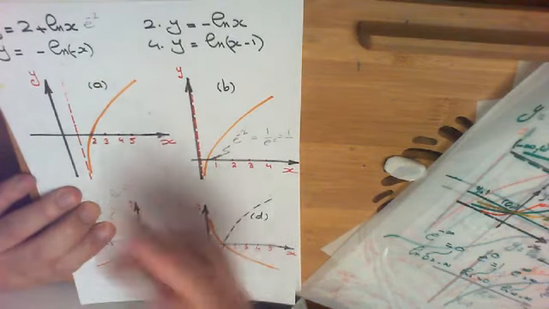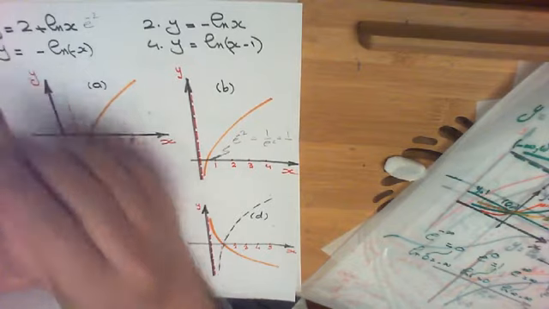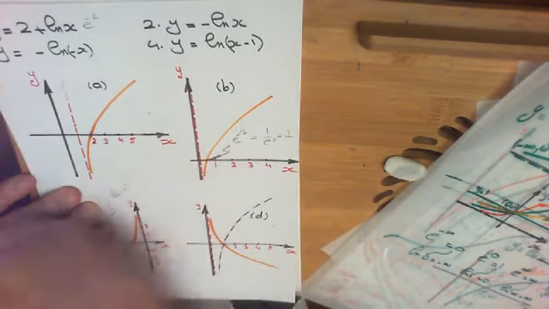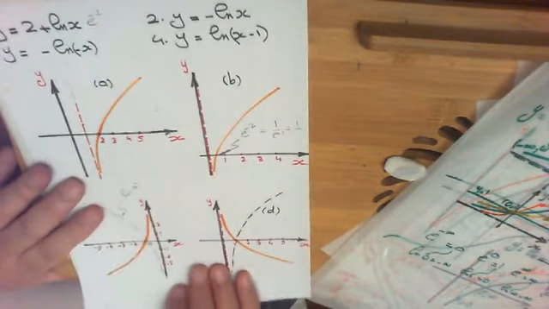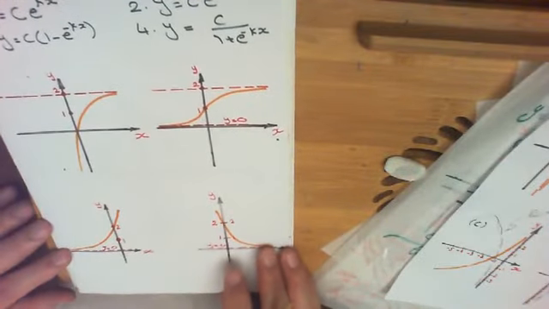And normally when x is 0, ln 0 is minus infinity, so still the y-axis is a vertical asymptote. Finally, we have a set to match with the exponential function.